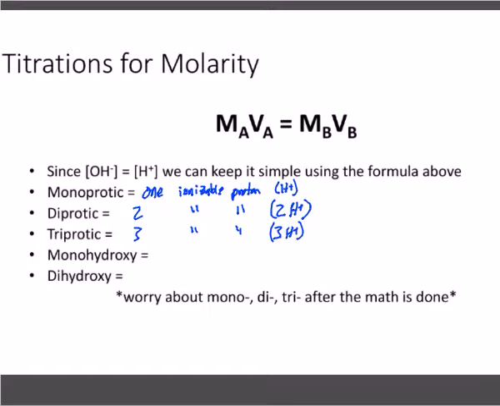It's the same idea as monoprotic, diprotic, but we're looking at, hey, we have a base there instead of an acid. So we have 1 ionizable hydroxide ion, just OH minus. And this would be 2 ionizable hydroxide, so 2 OH minus. Okay? So then I'm going to just kind of clarify this.